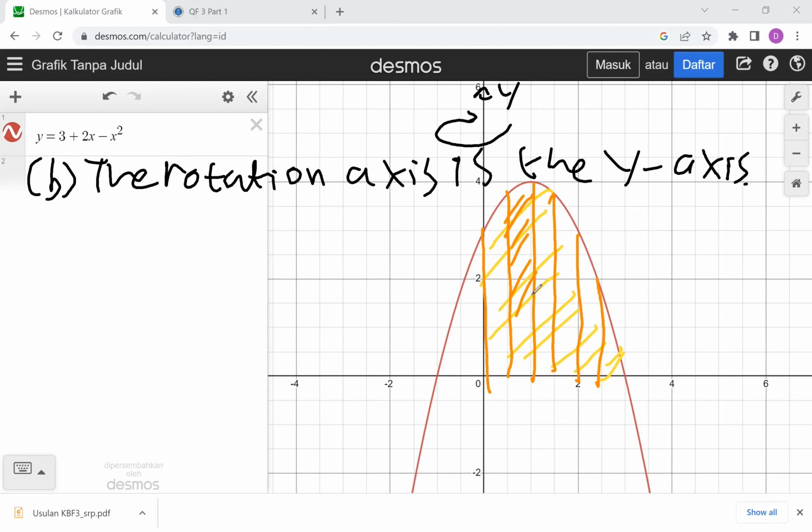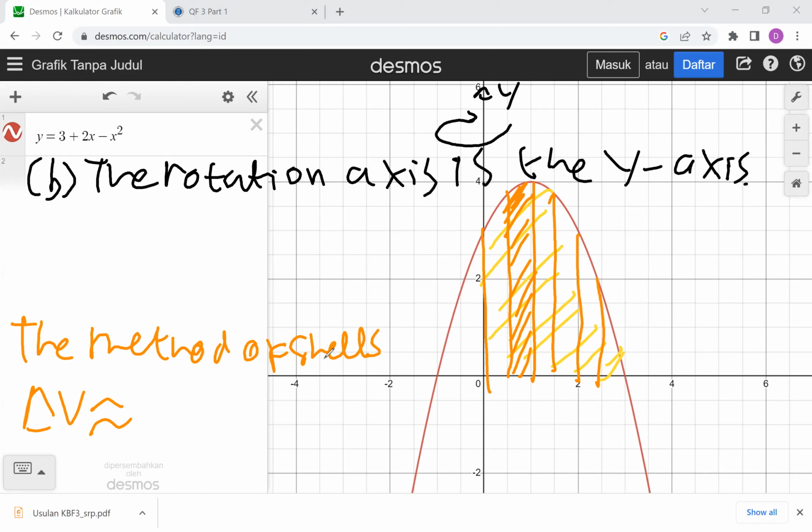If we consider a particular slice here, then the approximation will be delta V. With the method of shells, delta V is 2 pi multiplied by the average radius, which is x, and then multiplied by the height. What is the height? The height is 3 plus 2x minus x squared, right?